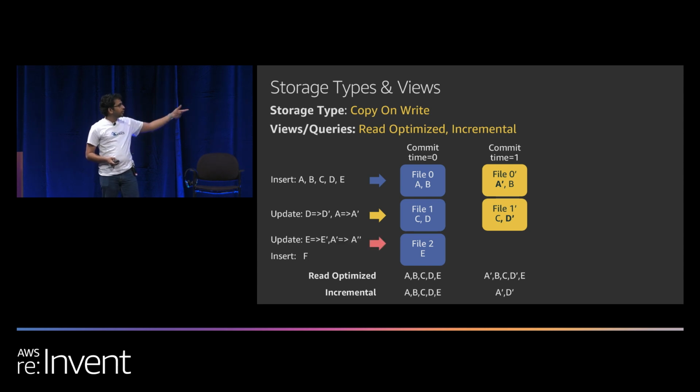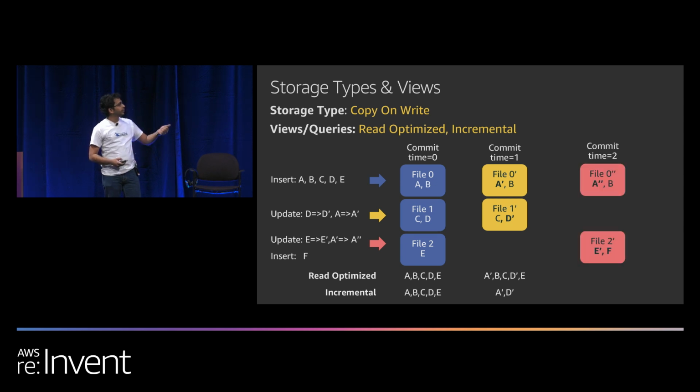Let's say we do upserts, a mix of updates and inserts, where you are updating E to E prime, you update A again to A double prime, and then you insert one more record. So like I mentioned, Hudi is going to figure out that file 2 is the smallest file, so that's where I should pack the new insert.